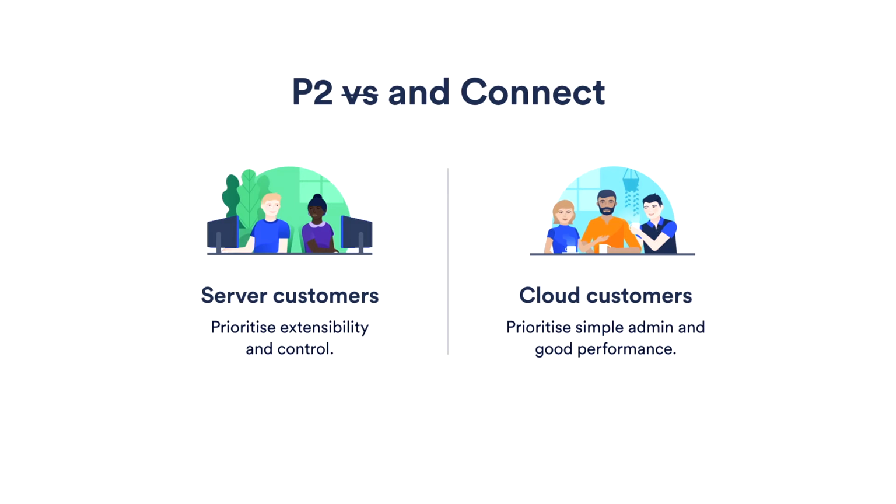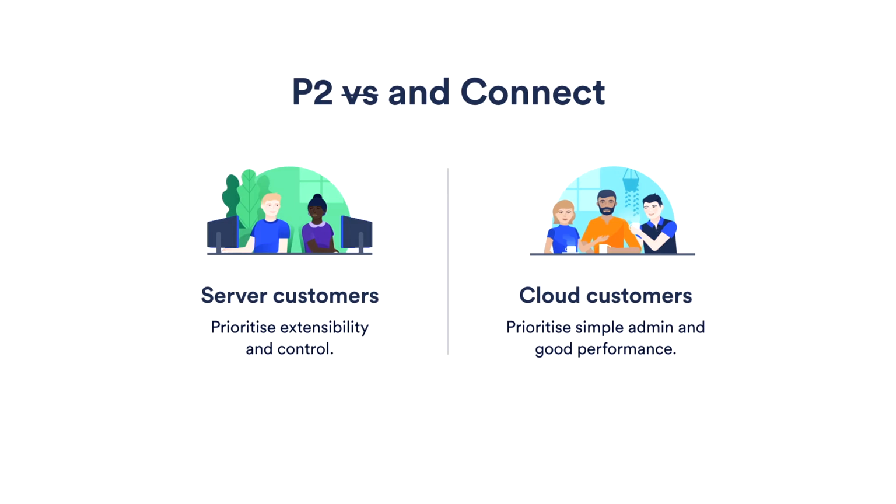So if you're giving up control, those customers who are on cloud want simple administration, good performance, and really easy integrations with their other SaaS tools. So my point here is that the customers are willing to make trade-offs, and subsequently, the frameworks need to be making trade-offs as well.